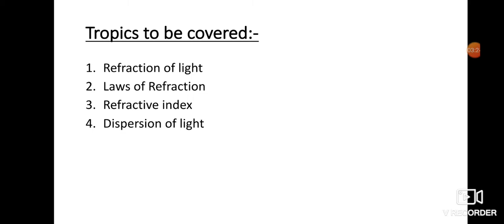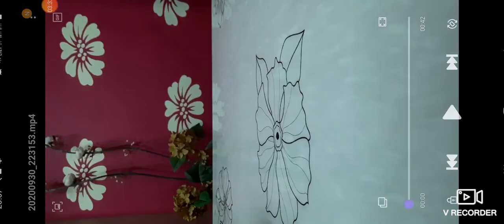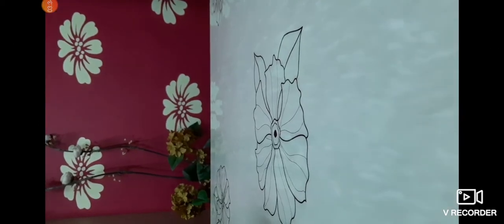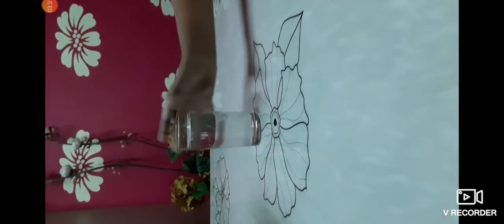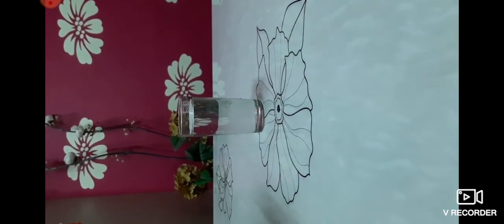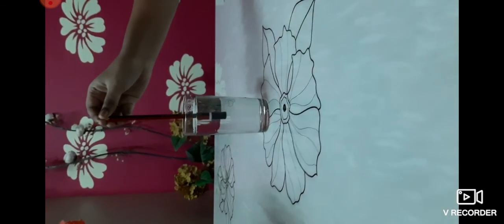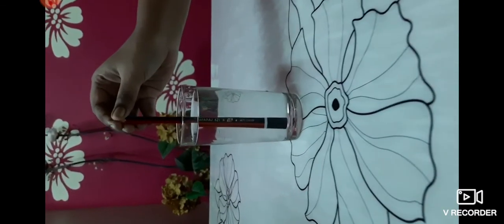Before we study in detail the refraction of light, let us watch a small video. Take a transparent glass and fill it with water. Dip some portion of a pencil vertically in water and observe the thickness of the portion of the pencil in water. What do you observe?